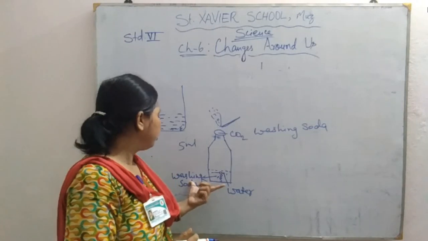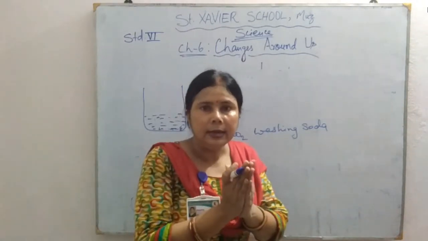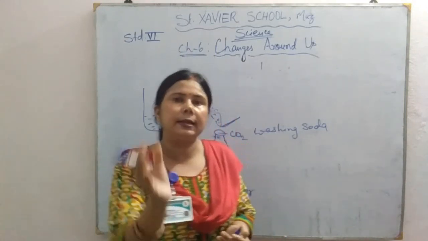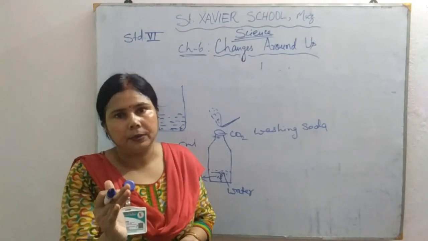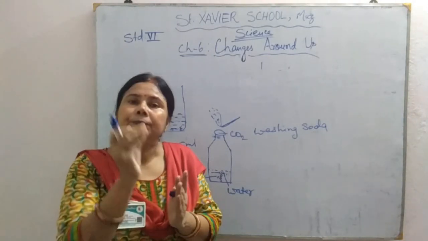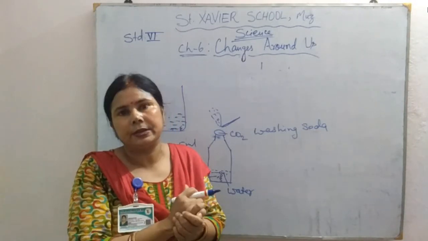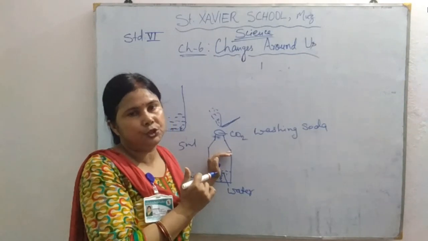So when washing soda and lemon juice are mixed together, there occurs a chemical reaction. A new substance, that is carbon dioxide, and other substances are formed. There is a change in internal structure. So this type of change is chemical change.